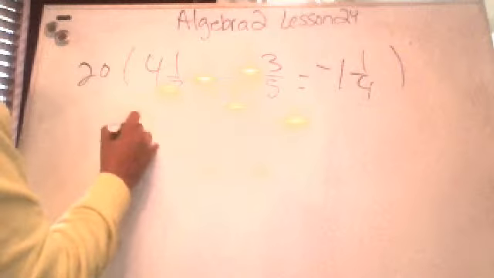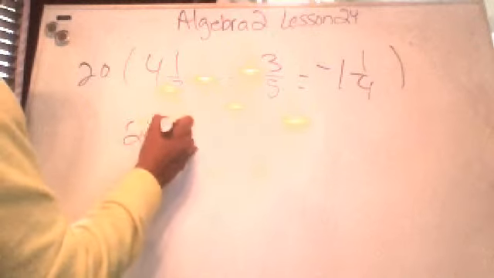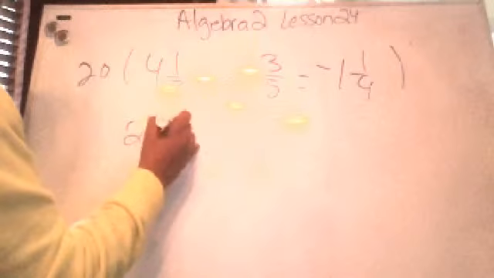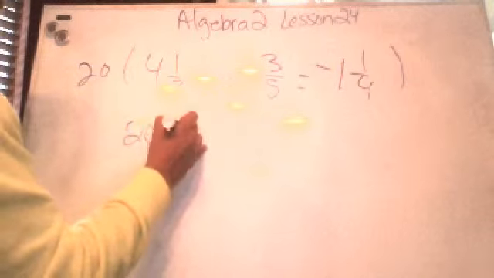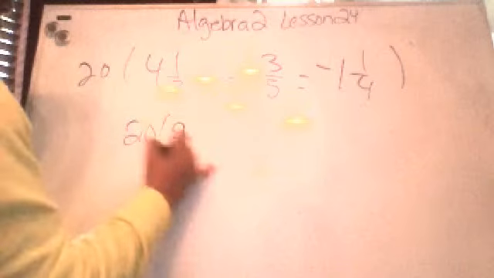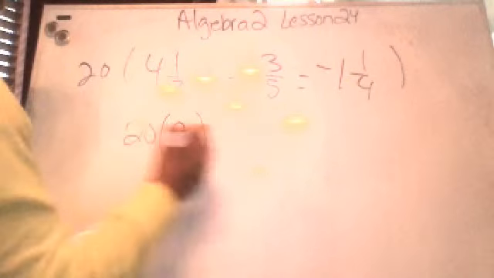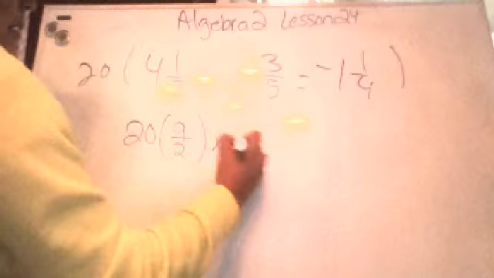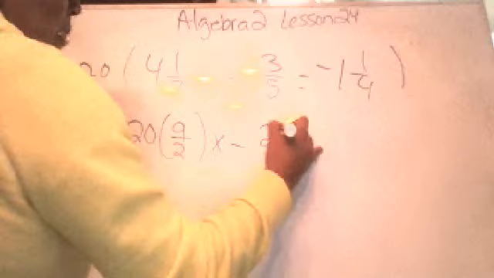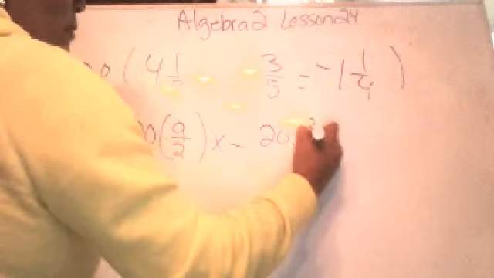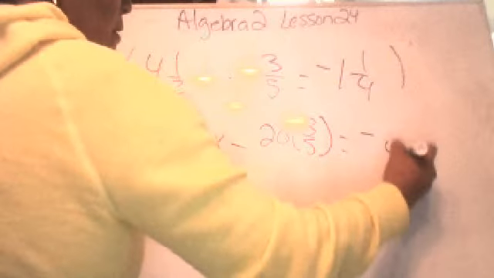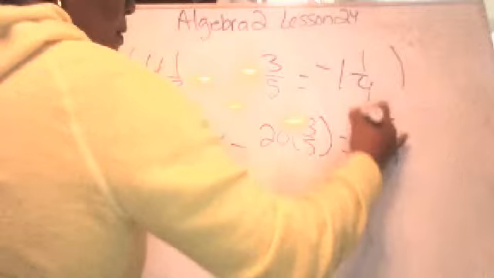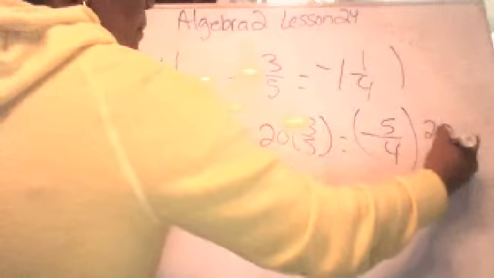So we get 20 times, we have to change this to an improper fraction, which is 9/2 x, minus 20 times 3/5 equals, I'm going to change that to an improper fraction. You don't have to, but it just makes it easier, times 20.